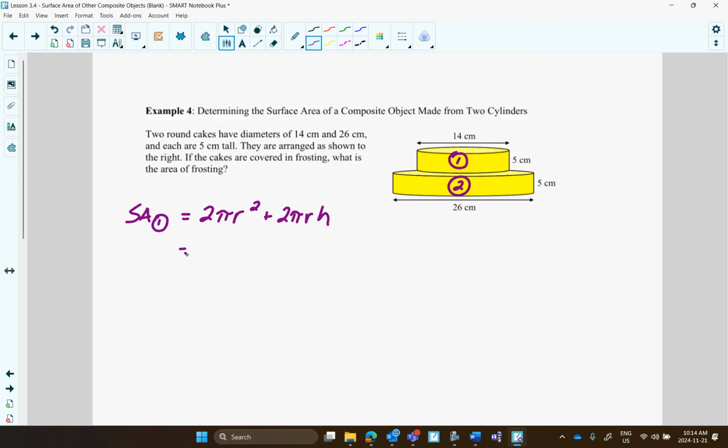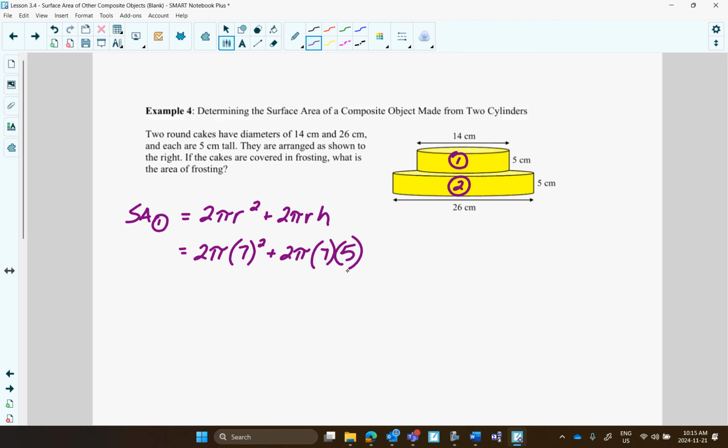What's the radius of the top one? Careful. Radius. 7, right? So 2 times pi times 7 squared plus 2 times pi times 7 times the height of that layer, 5.